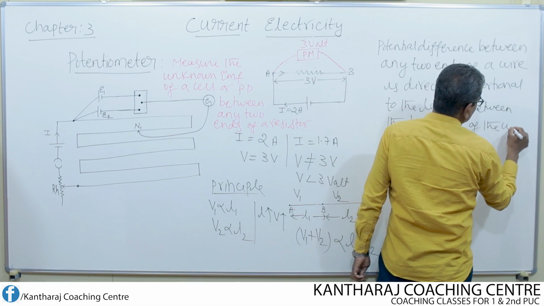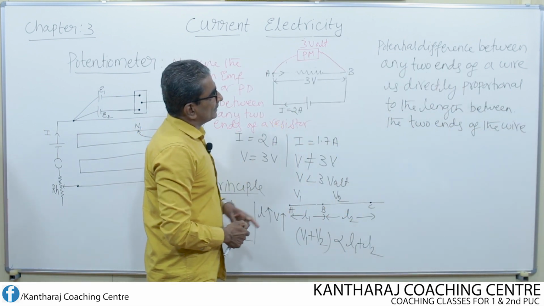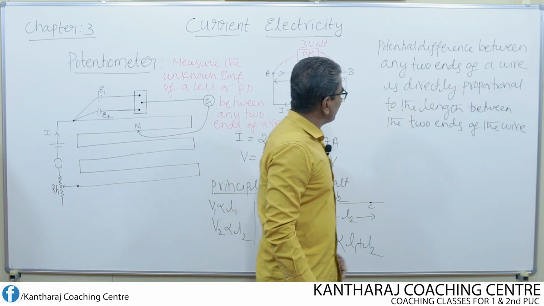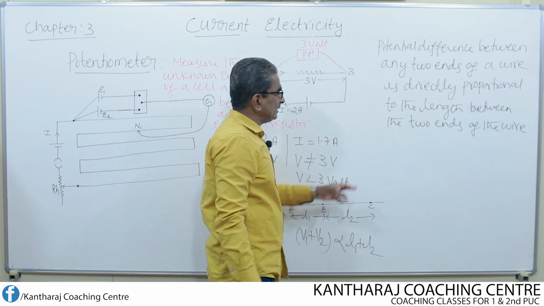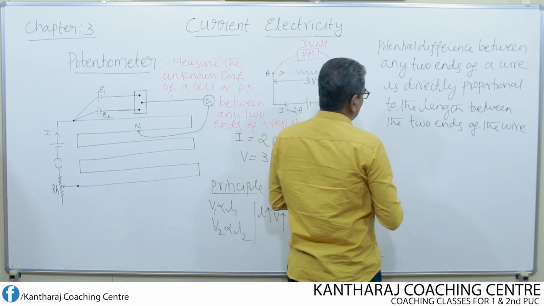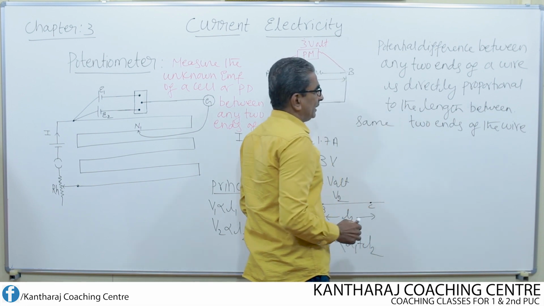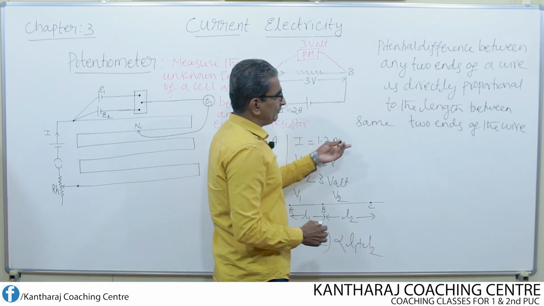So this is the principle on which a potentiometer works. Potential difference between any two ends of a wire is directly proportional to the length between the same 2 points. You can also write like this, between the same two ends of the wire or between the same 2 points of the wire.